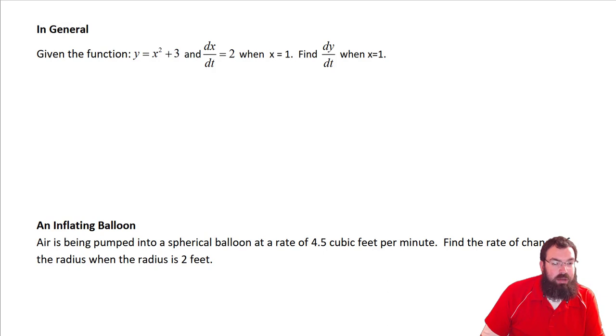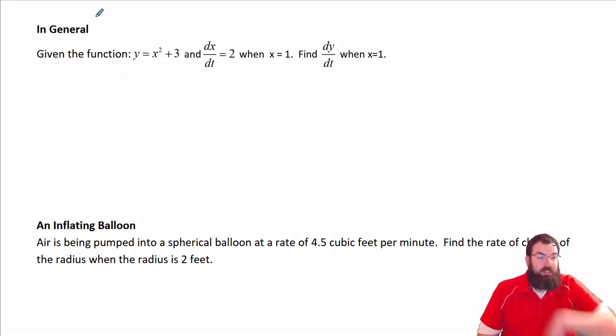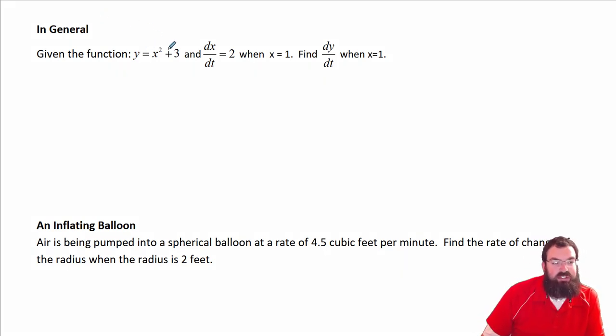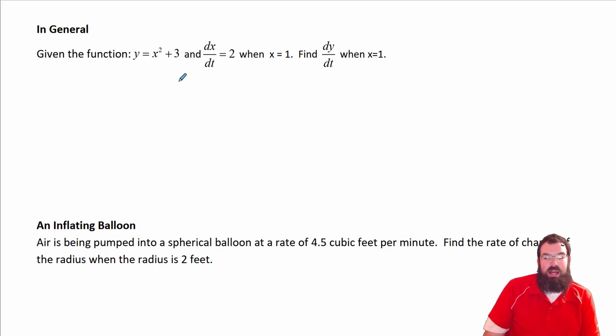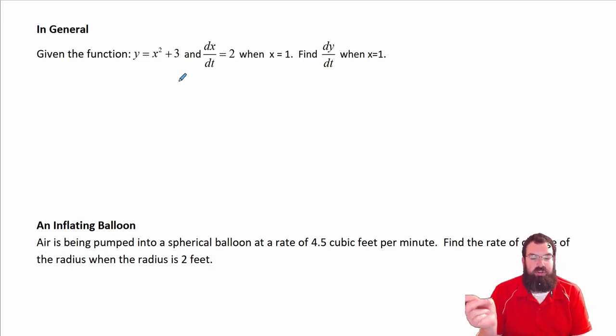In general, if I'm given a function, y is equal to x squared plus 3, and we know dx over dt is equal to 2 when x is equal to 1, find dy dt when x is equal to 1. If we're differentiating with respect to time, which is what the last section, implicit differentiation, really was, where we're taking the derivative of a variable with respect to another variable.